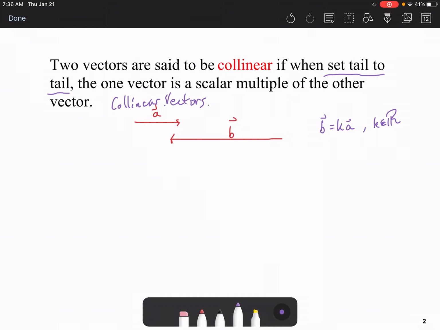So in other words, they have to be parallel to each other. If they're not parallel to each other, then it's not going to be collinear.